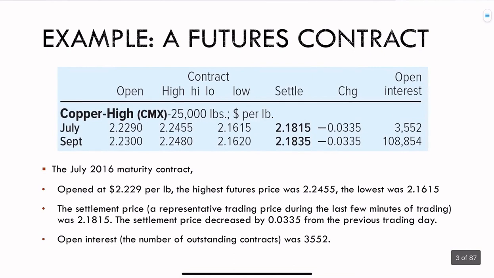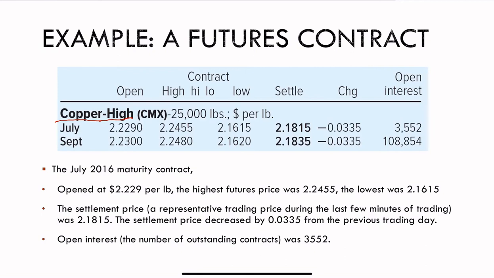Now let's look at this example, this futures contract. This is a contract on a type of commodity, which is copper. Actually, I think it's high grade copper.